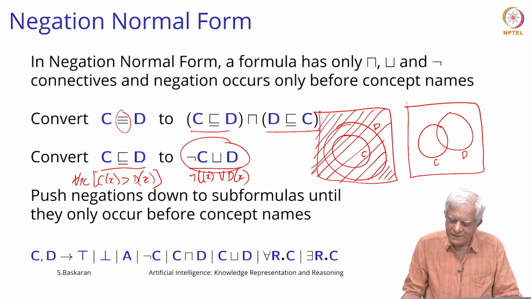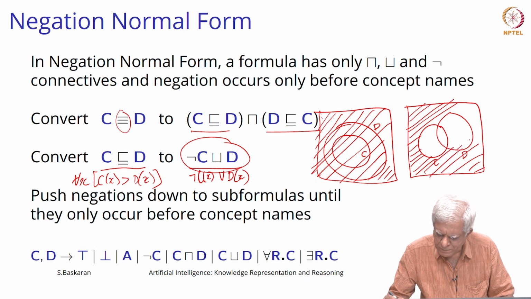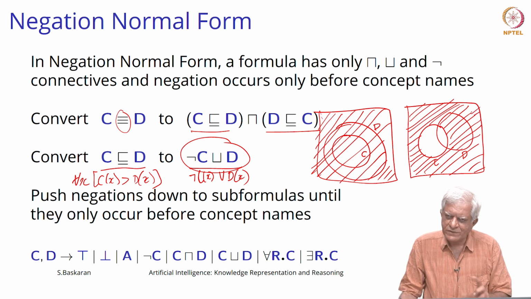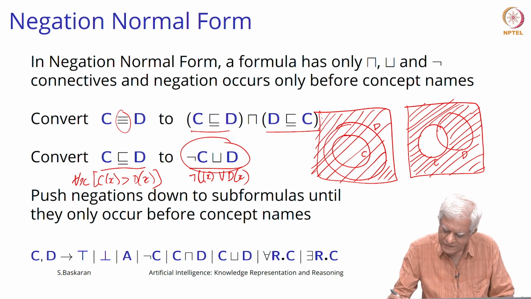It says that it is the union of not C with D. So, let us first look at what is not C. Not C is everything that is outside C. So, what I have shaded now is not C essentially, but this is the union of not C and D, so we have to include everything that was in D as part of this.